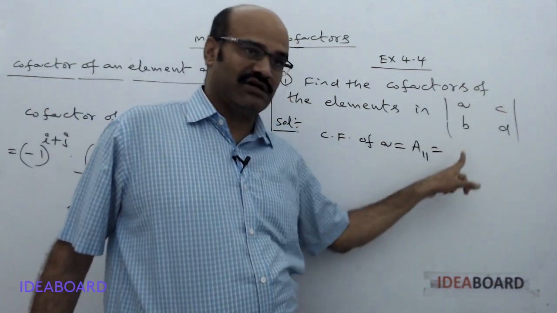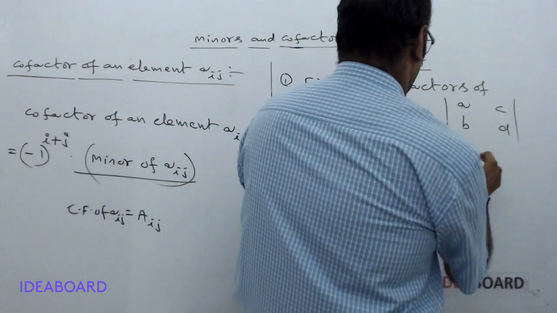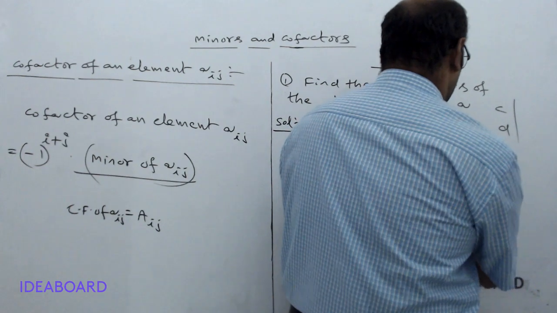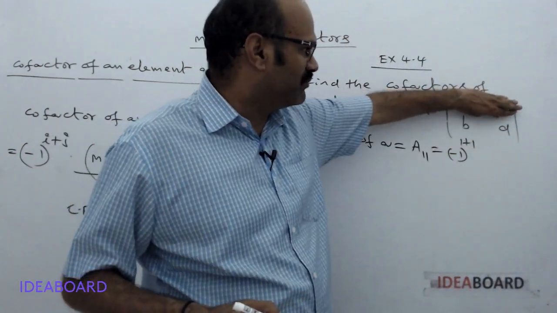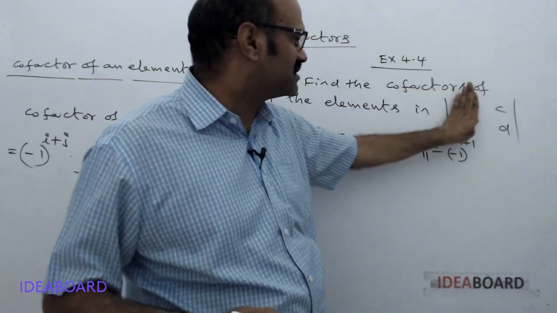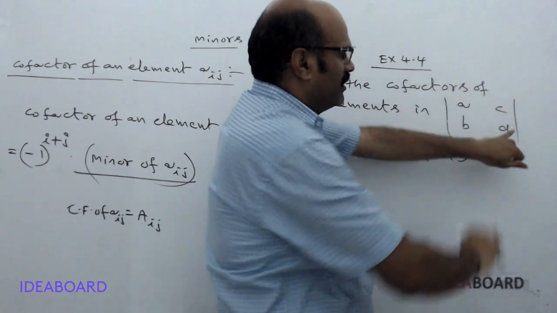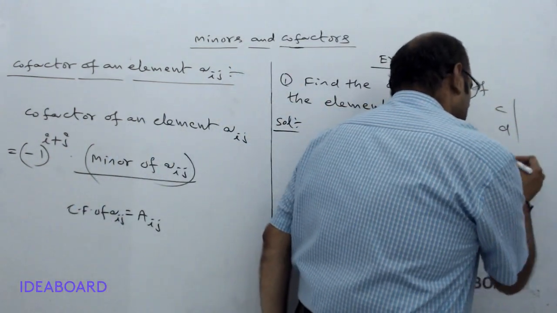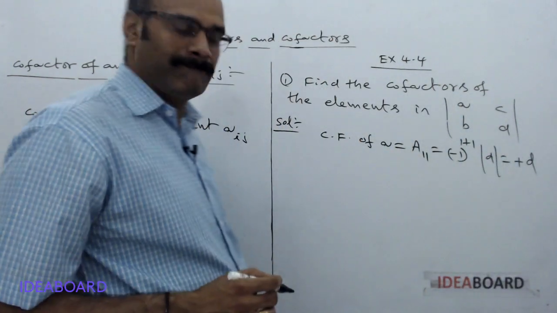It lies in first row and first column, so it is called A11. So minus 1 whole power 1 plus 1 into minor of A. We have to remove first row and first column. After removing first row and first column, we have only one element, that is D. That you write in a determinant. So equal to plus D.